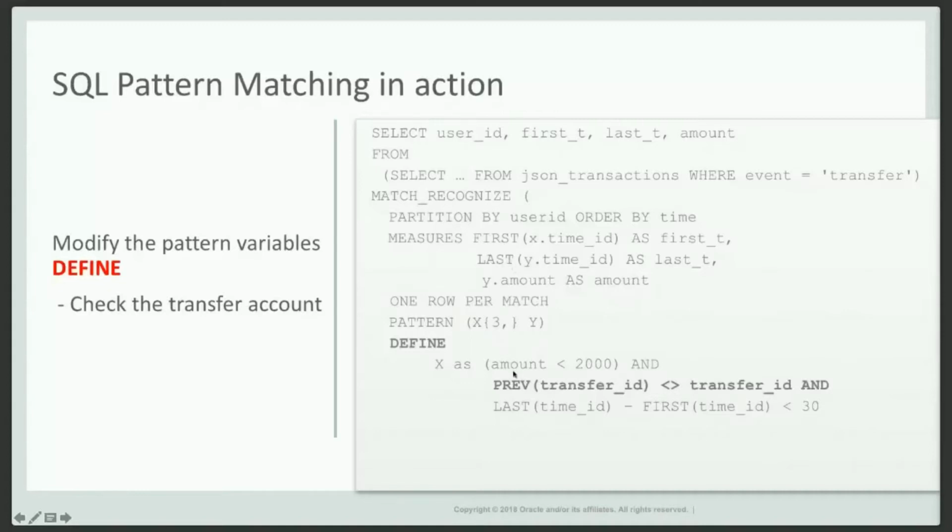So I could look at, say, the first transfer ID being different to the last or the current transfer ID. And then, of course, we are still making sure that the transfer amount is less than 2,000 and the first and last time ID has a time span of less than 30 days.